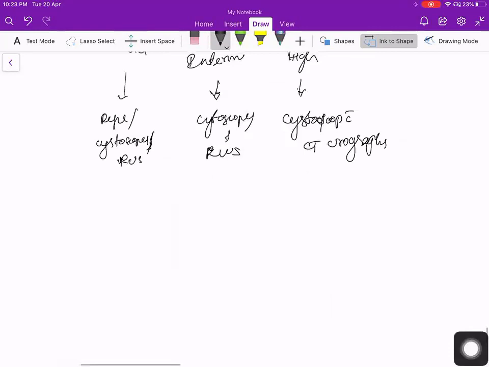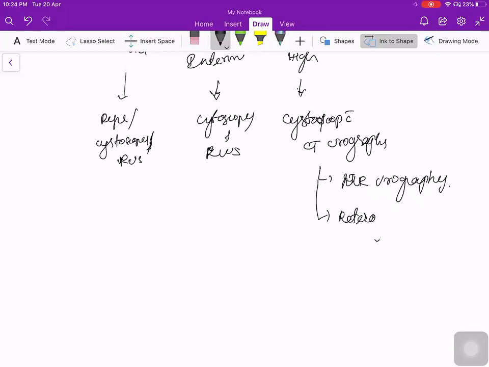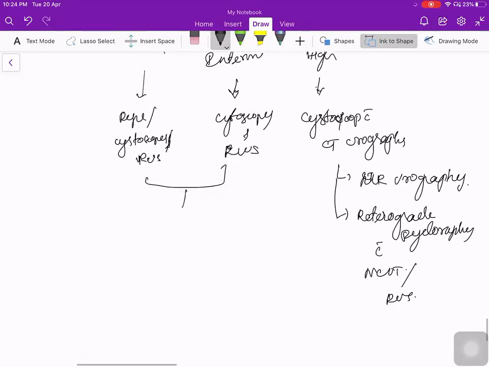Some patients have contraindications for CT urography, so we can go for MR urography. If you are not able to do MR urography also, we can go for retrograde pyelography. And along with retrograde pyelography, we can either go for non-contrast CT or renal ultrasound. For these patients, we have to repeat the urine analysis.